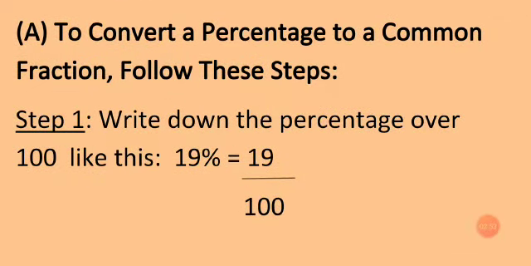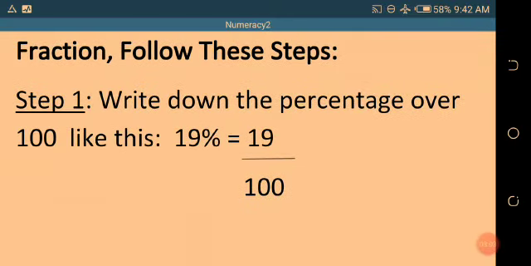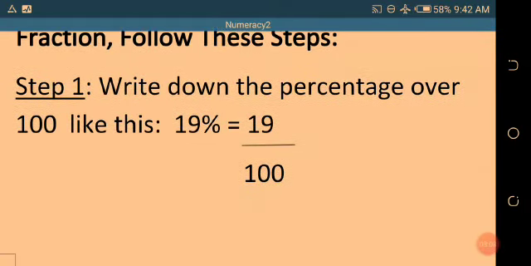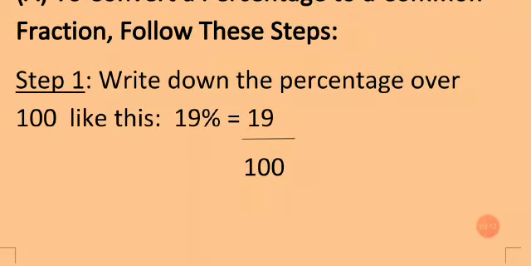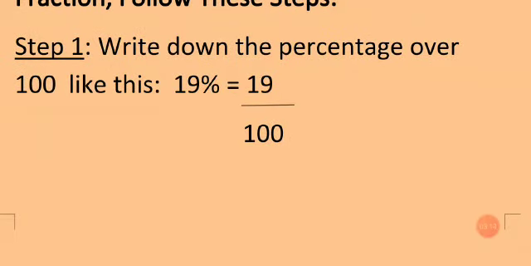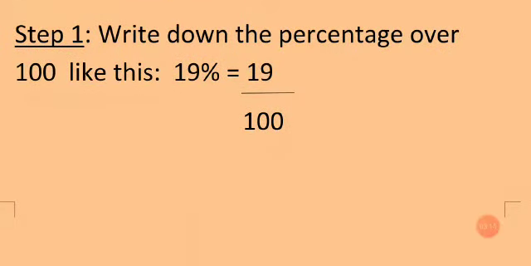Yes, part A of this lesson will be teaching you how to convert a percentage to a common fraction. And there are 3 steps to follow in doing this. The first step is what we learned previously.